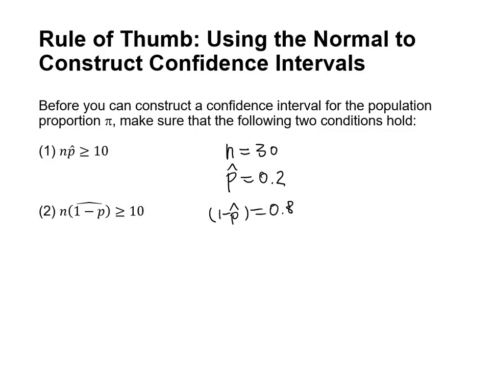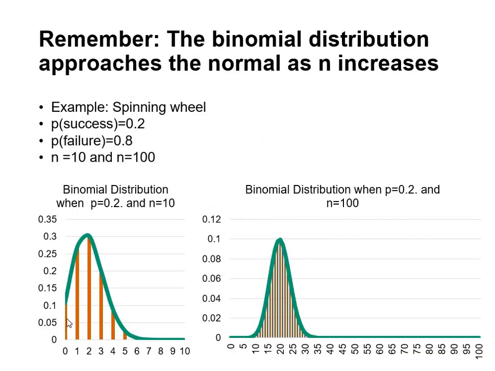So in this case, we could not use the normal distribution as a component of the confidence interval construction, because the distribution is simply not normal. We have more a situation like this to the left: the binomial distribution where the success probability is 0.2 and n is 10, so 0.2 times 10 is only 2. But here to the right, where we have a probability of 0.2 but a sample size of 100, you can see it looks much more normal.